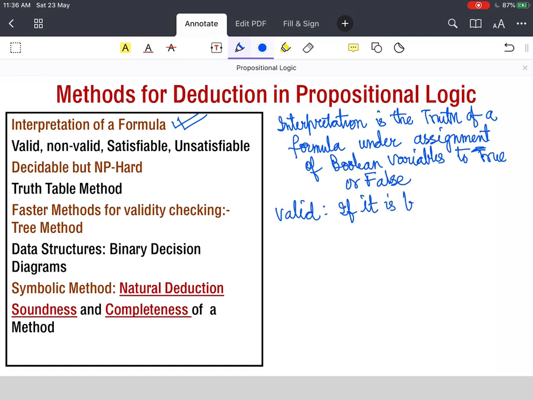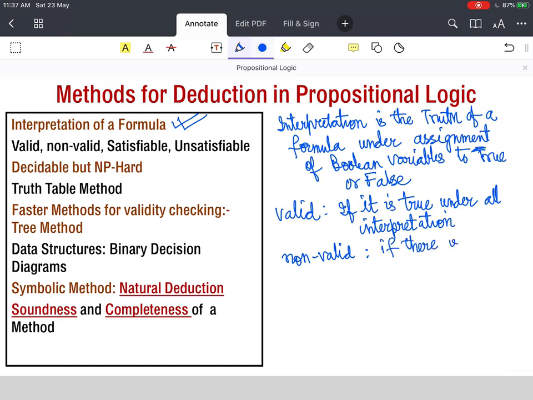A formula is said to be valid if it is true under all interpretations. This is the same as a tautology. A formula is said to be non-valid if there is an interpretation for which it is false.